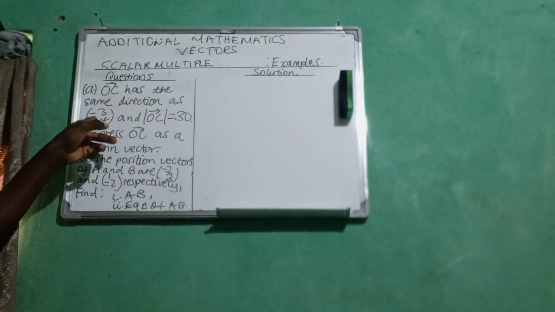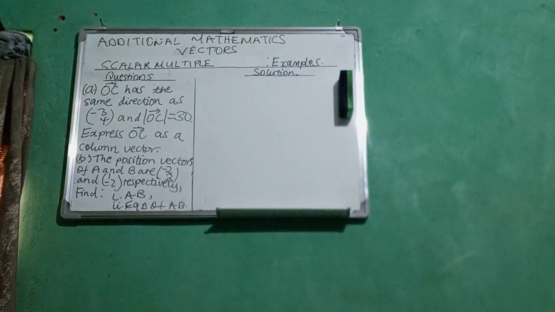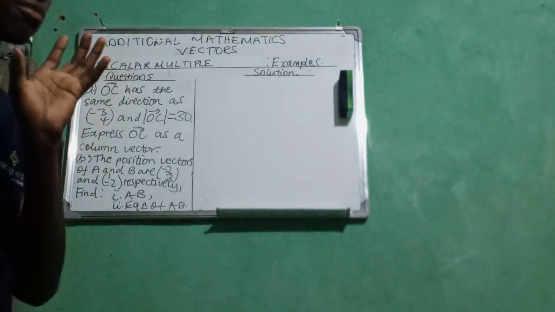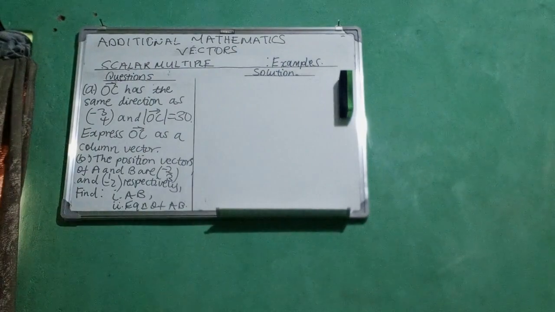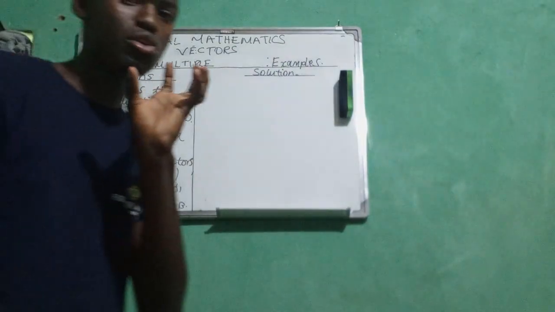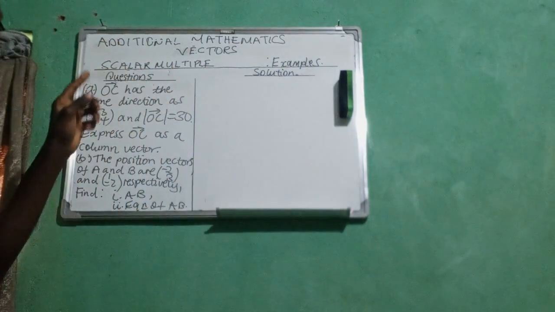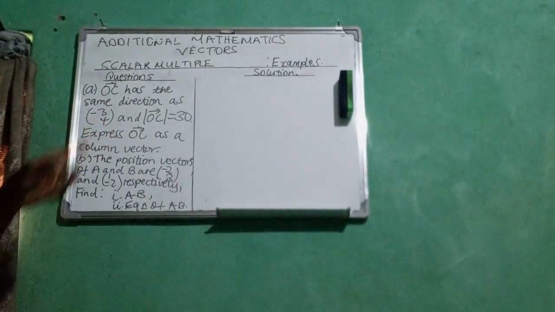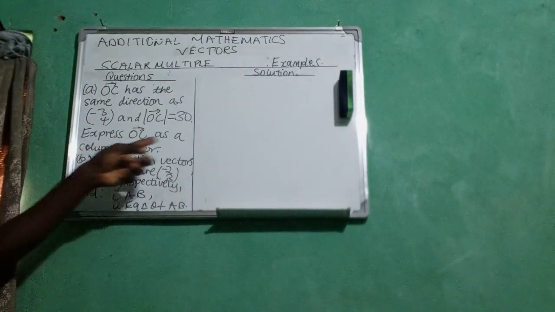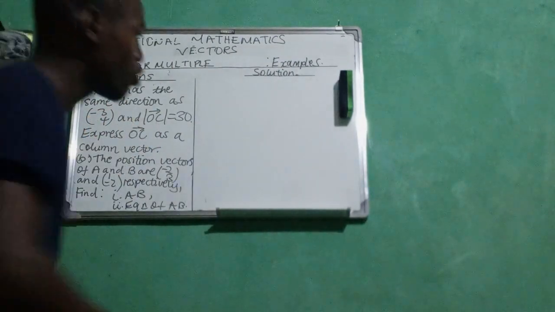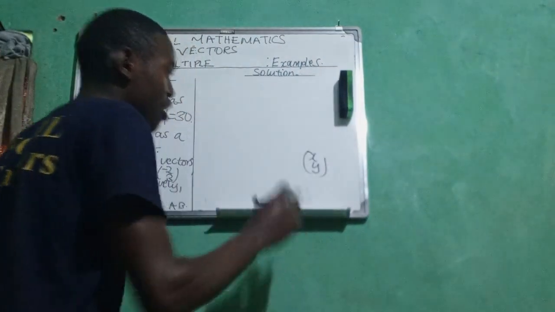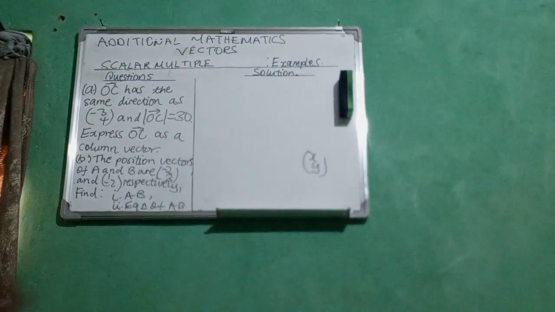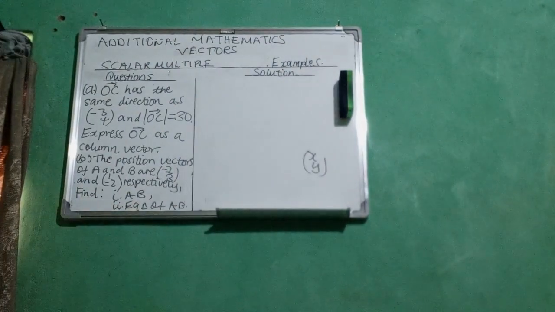We don't know what the vector OC is, but we know that it is parallel to this vector. They want us to find OC as a column vector, which is to write it in this form, x over y. When you write a vector in that form, it is called a column vector.